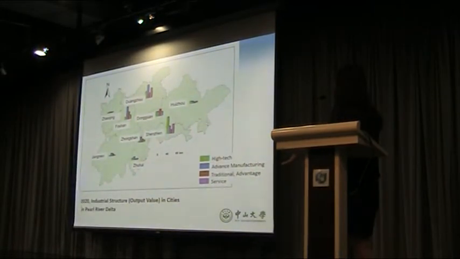Although for the whole Pearl River Delta they are pretty manufacturing oriented, if we take a deeper look, Guangzhou and Shenzhen are pretty high-tech oriented, which means that they may have more land saving patterns.